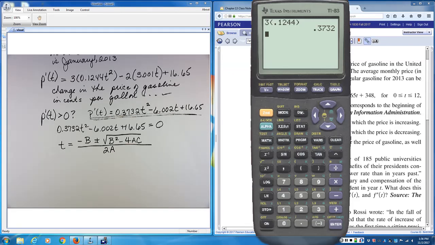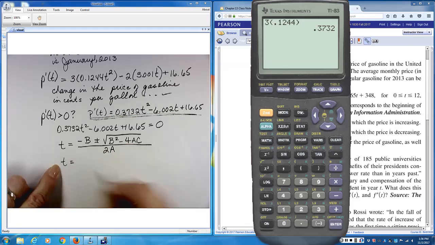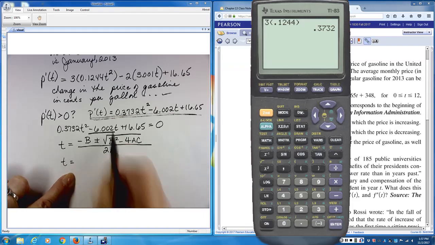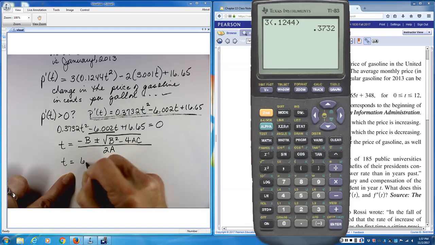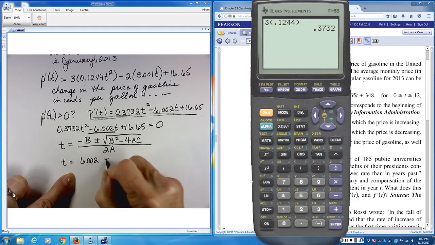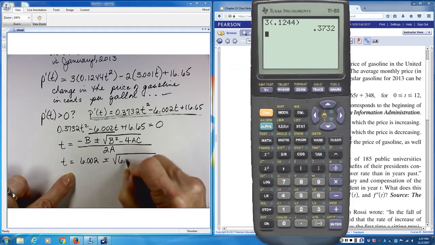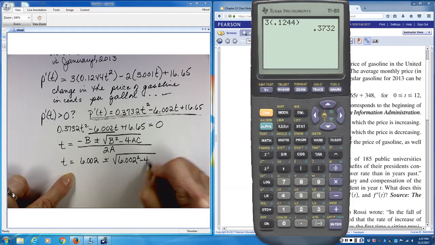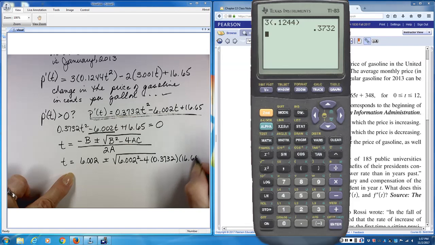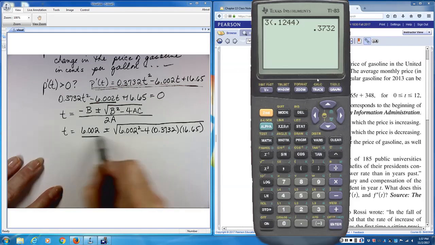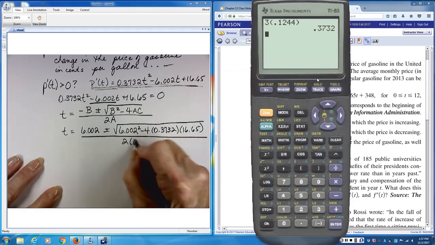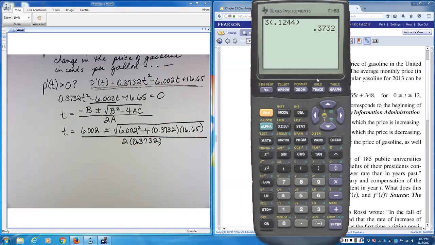Right? Only in this case, the opposite of B is positive 6.002 because B is negative. So that's just an arithmetic problem.